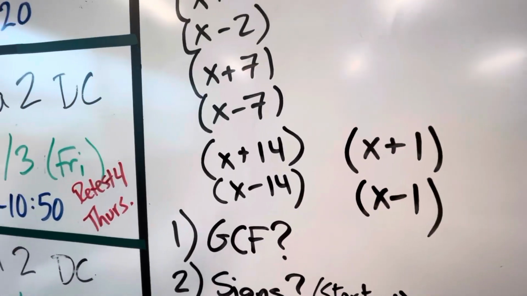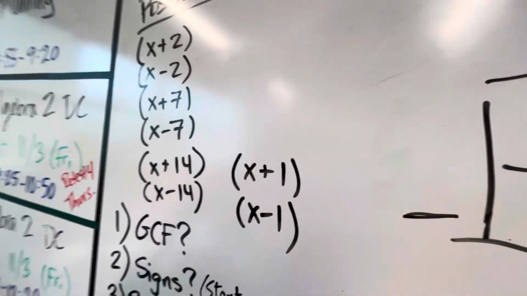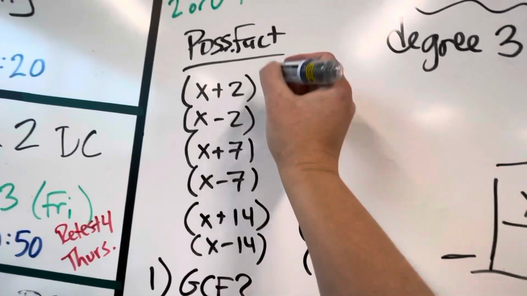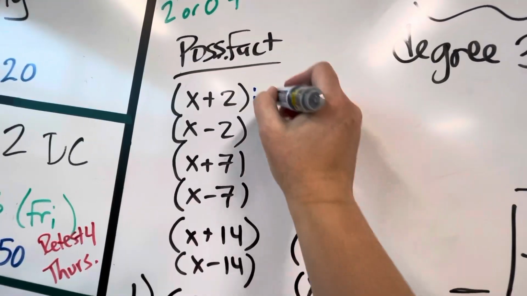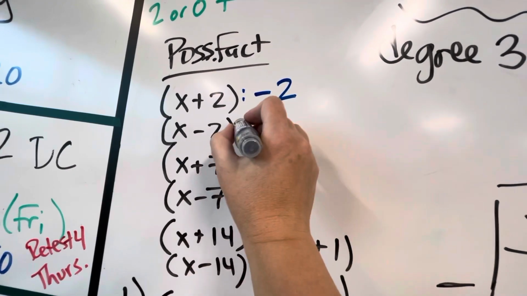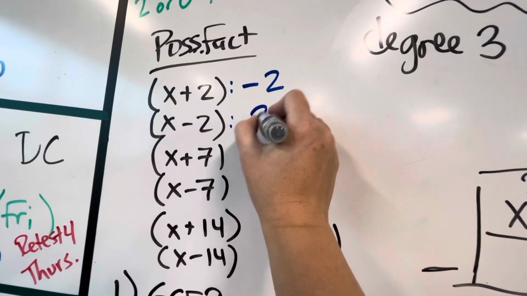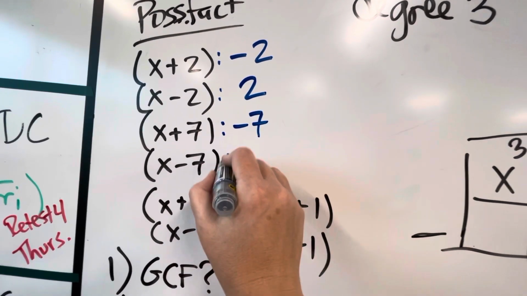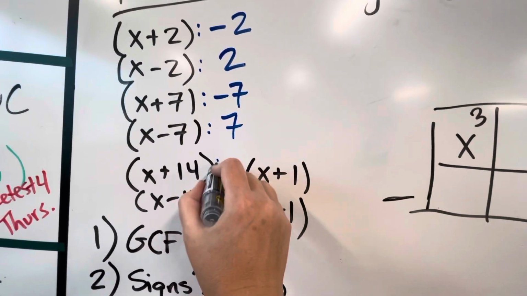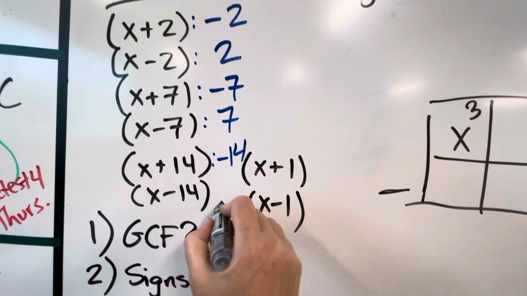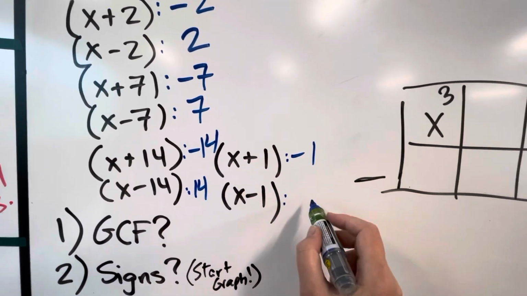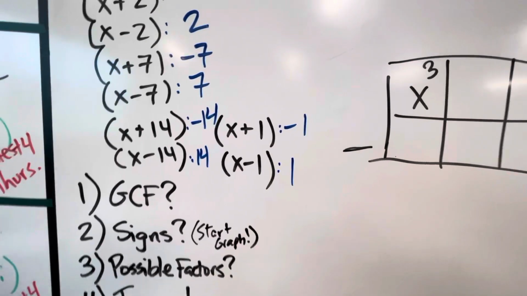Now, with all of those, I have a 0 that goes with them. What x makes this 0 is a -2. What x makes this 0 is a +2. This one goes with the 0 of -7. This one's +7. This one's -14. This one's 14. This one's -1. And this one is 1.